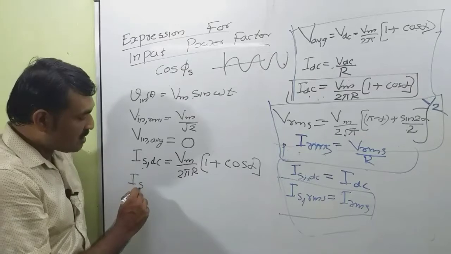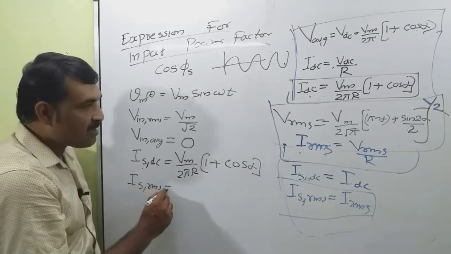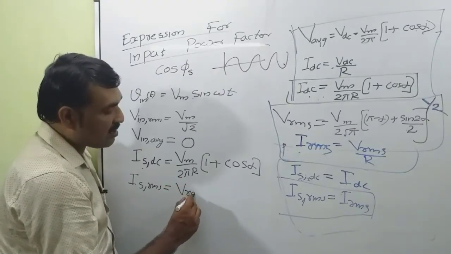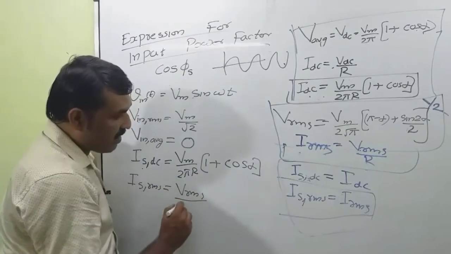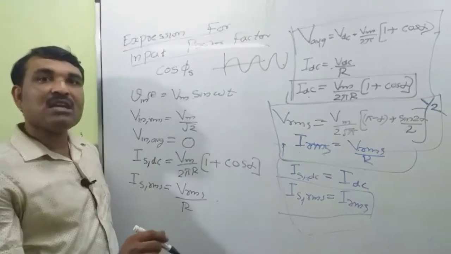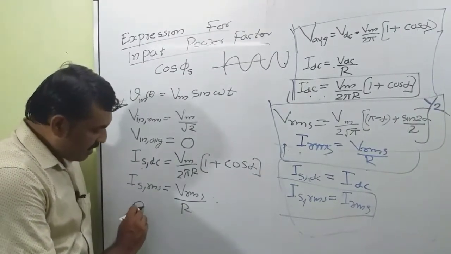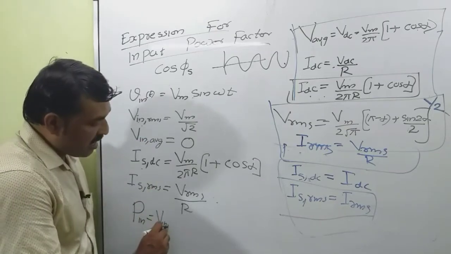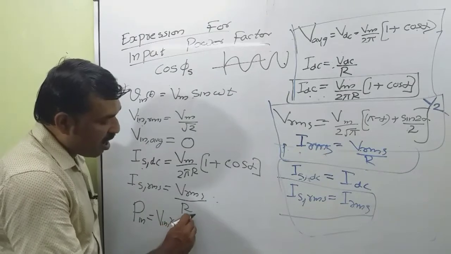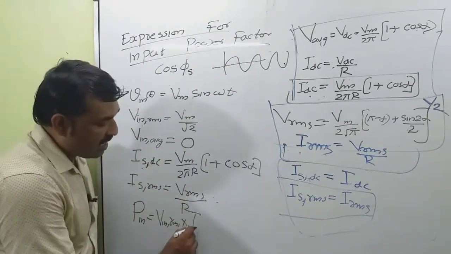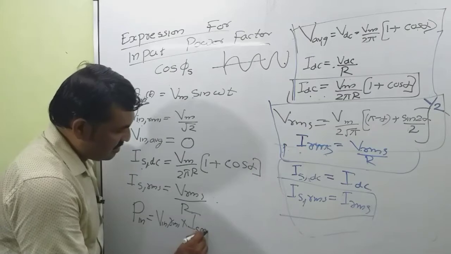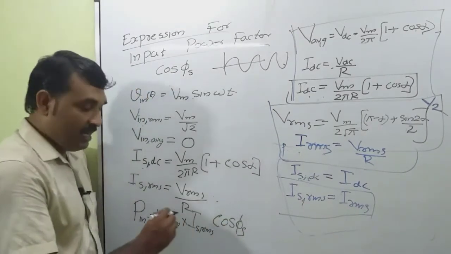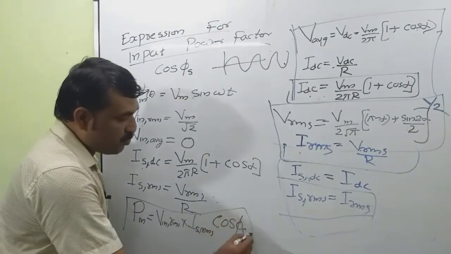That is IS RMS, the same as the RMS value of the output current, equal to VRMS of the output divided by R. And what is the input power? Power input is equal to V input RMS value into IS RMS value into the power factor, cos phi S, on the input side. So this is the input power.